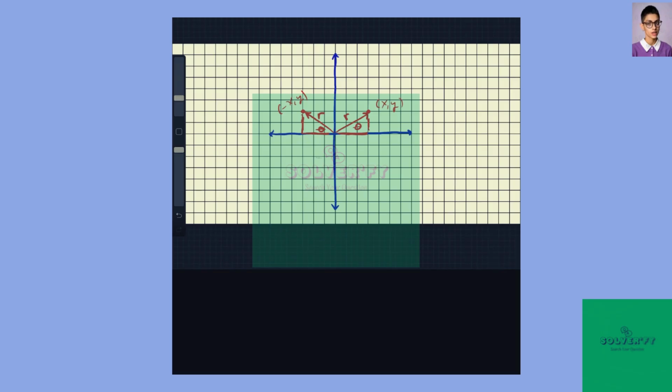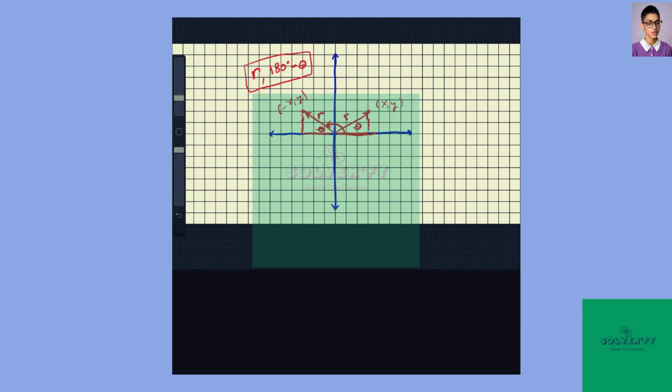However, since we're putting our angles in terms of the positive x-axis, our polar coordinates for that point is going to be r and 180 degrees minus theta. And so that's going to be the polar coordinates for minus x and y.